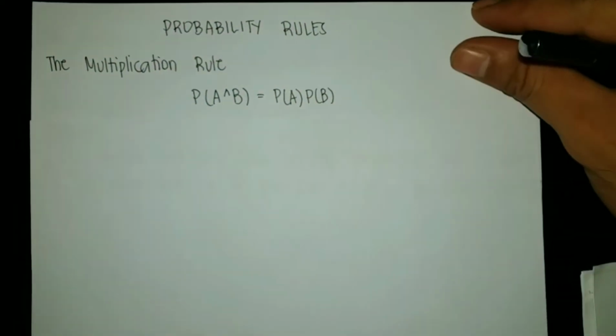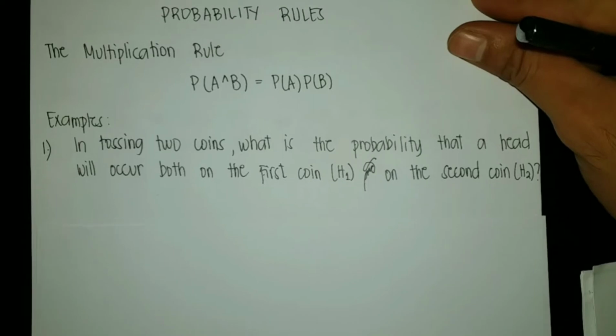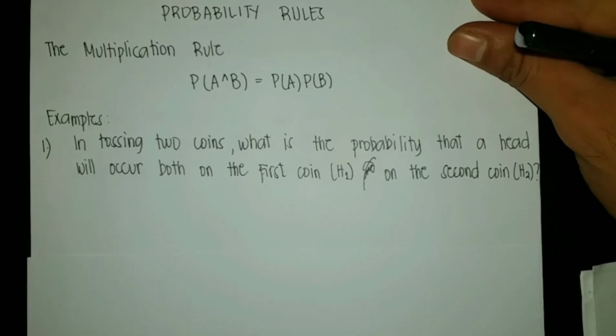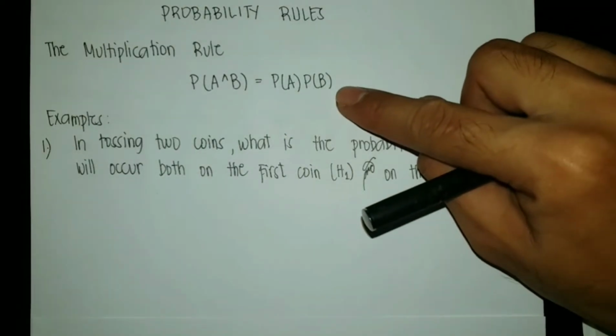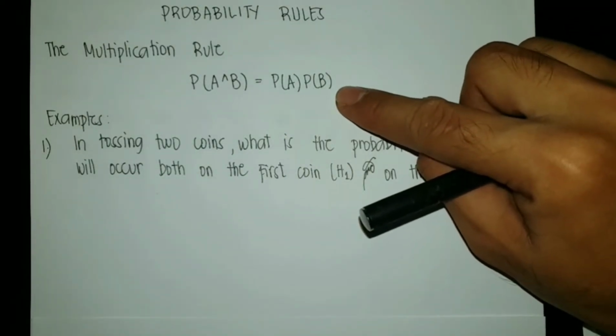For example, in tossing two coins, what is the probability that a head will occur both on the first coin and on the second coin? In order for us to solve for its probability, we will use the multiplication rule.